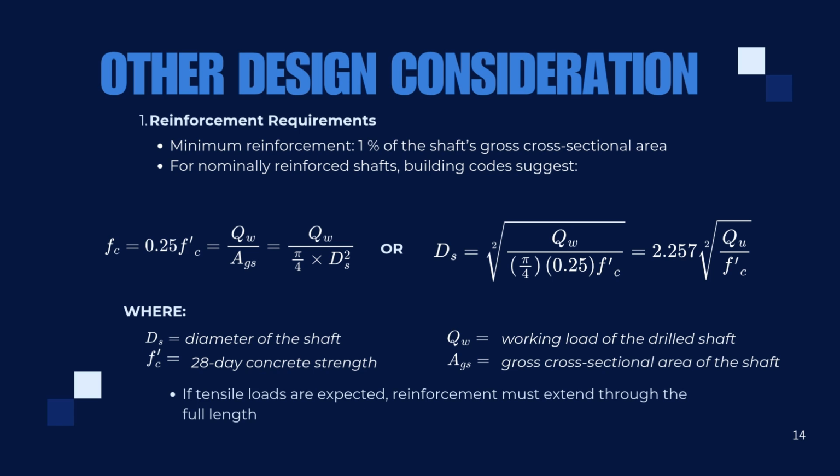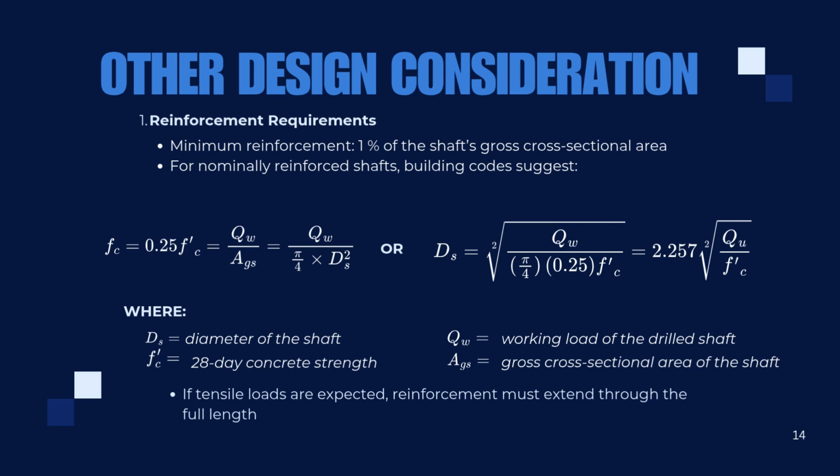The design relationship is expressed as fc = 0.25 fc' = Q_W / A_G, or in terms of shaft diameter, D_S = square root of Q_W / (π/4 × 0.25 fc') = 2.257 square root of Q_W / fc', where D_S is the diameter of the shaft, Q_W the working load of the drilled shaft, A_G is the gross cross-sectional area, and fc' the concrete compressive strength.